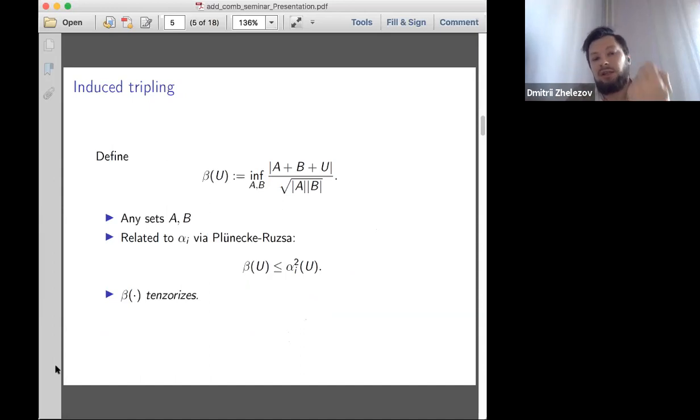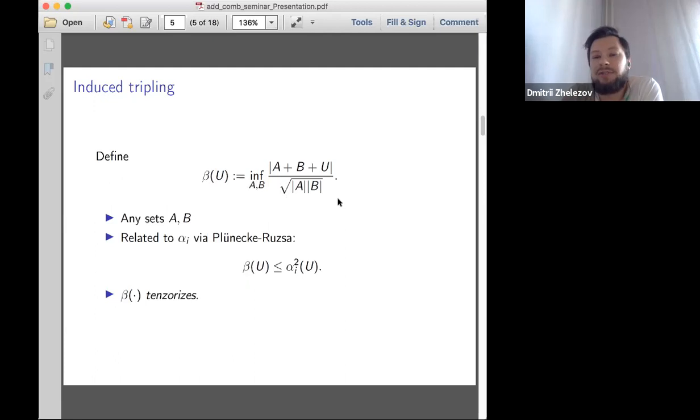And it turns out that the key observation is that instead of looking at an induced doubling, it's much more convenient to look at a rather weird looking combination. And instead of looking at sets which are supersets of the set U, we take arbitrary sets A and B and look at how the tripling behaves, scaled by the geometric mean of the sets.